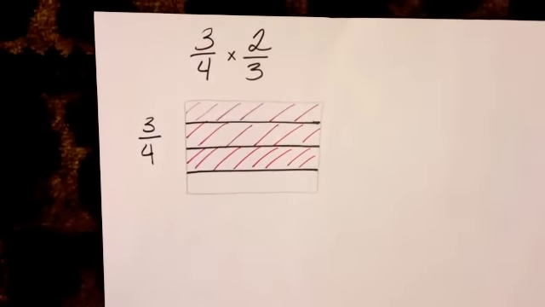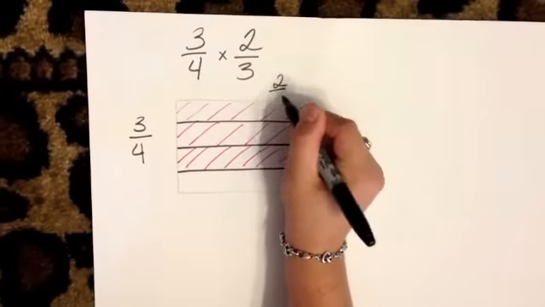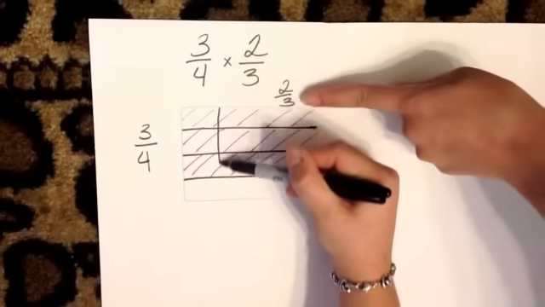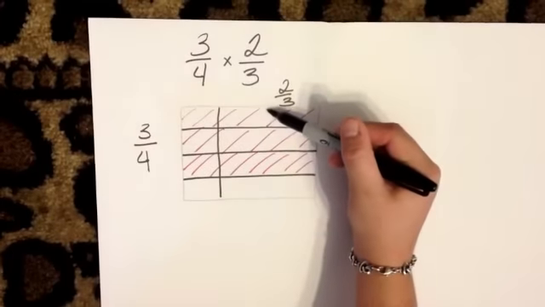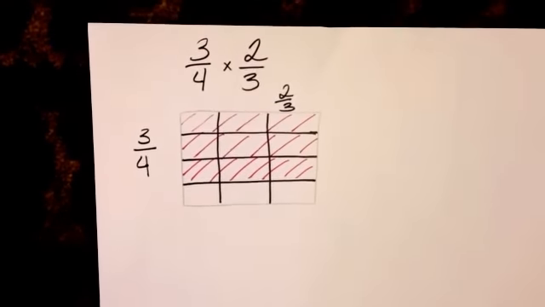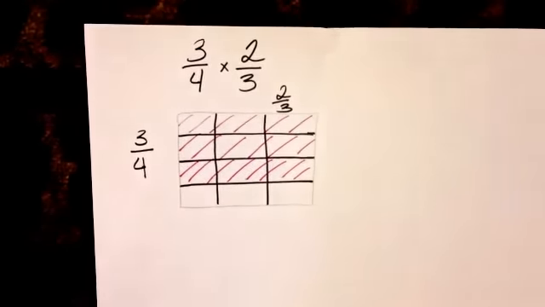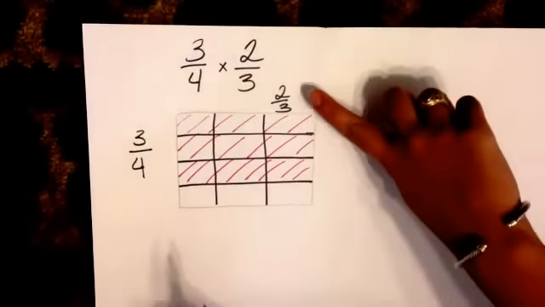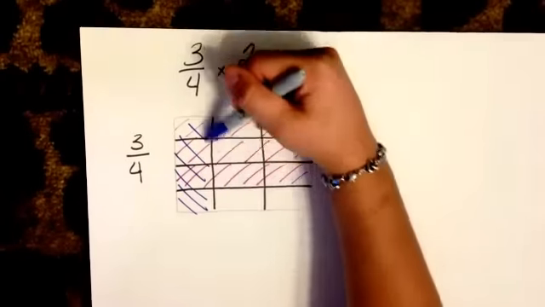Now you'll write the next fraction on the top. So once again, using the denominator as your guide, you will make however many columns as the denominator tells you to. Next, you will shade in what the numerator tells you.